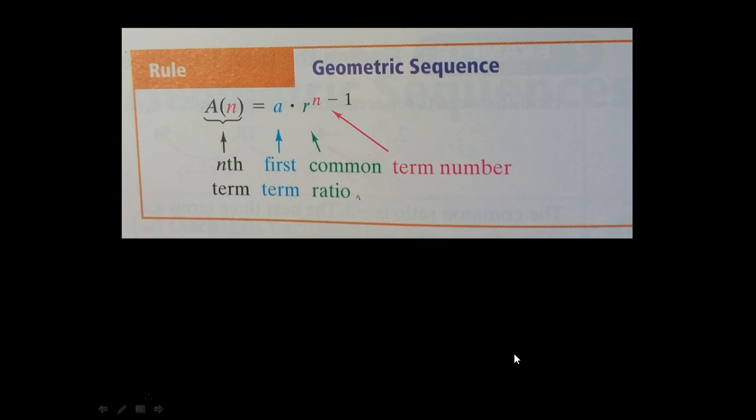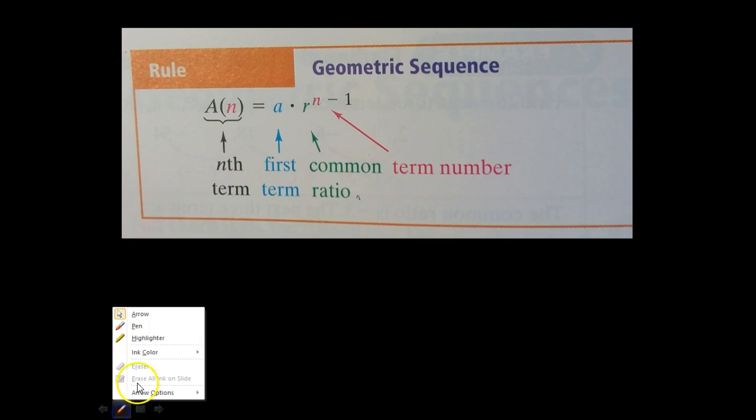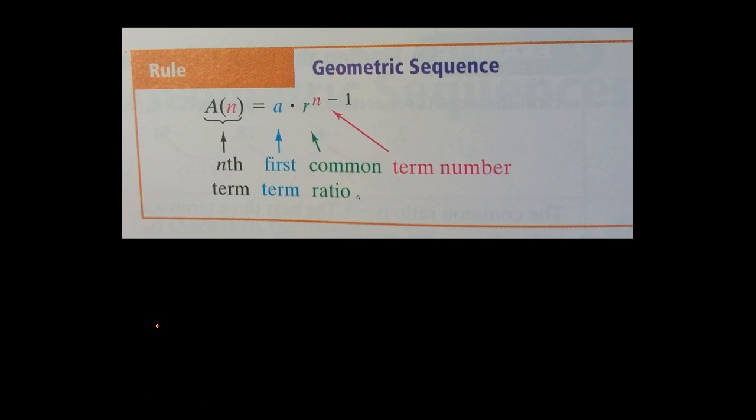The last piece for today is going to be putting information into a geometric sequence. And the first thing is we are going to use this equation. Now, it's important to know what these variables stand for. This is also in your book on page 462 if you do need a reference and you can't get back to this video.